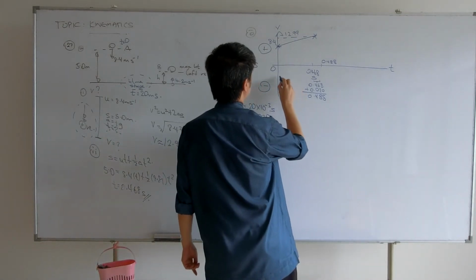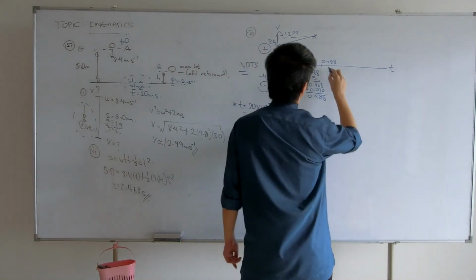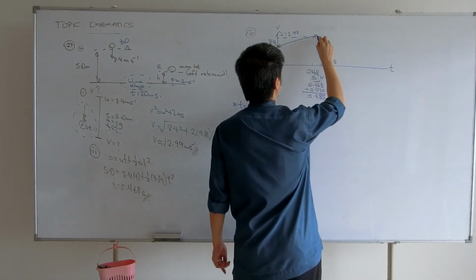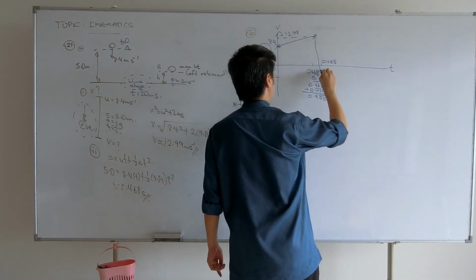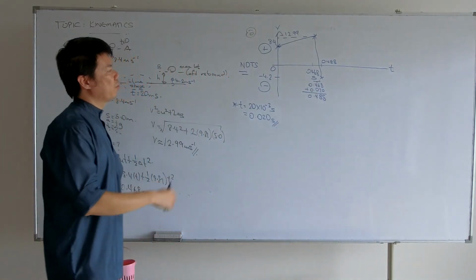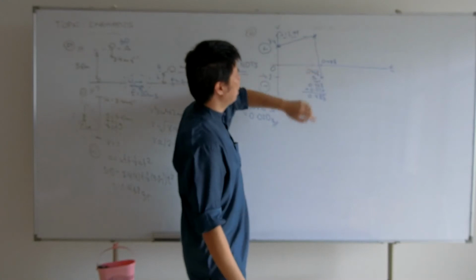So let's say your minus 4.2 is here, which starts around here. So you can just connect it all the way down. It's a straight line. Remember, I'm not using a ruler, so just make sure that it's a straight line connecting this point to this point.